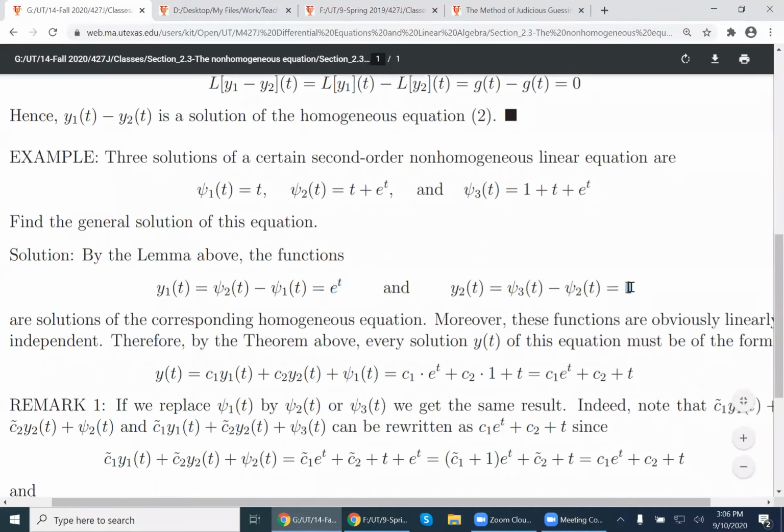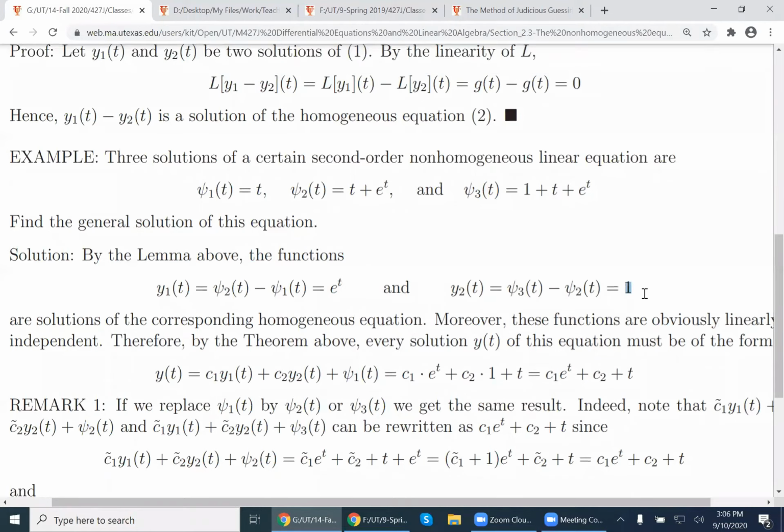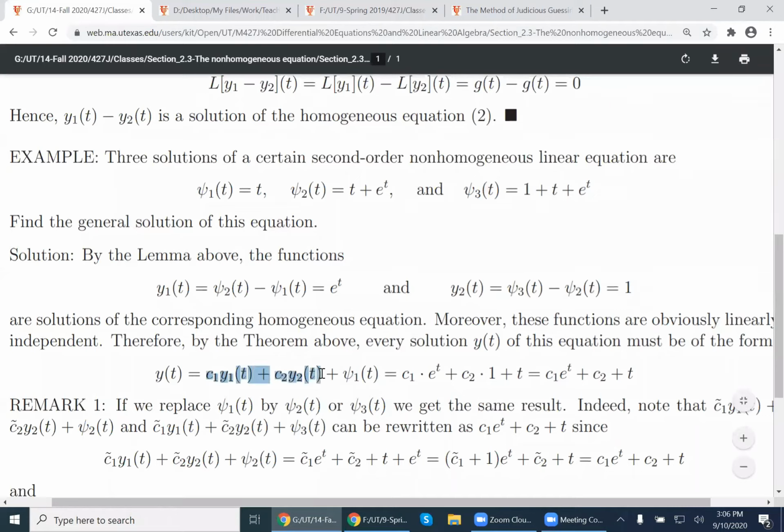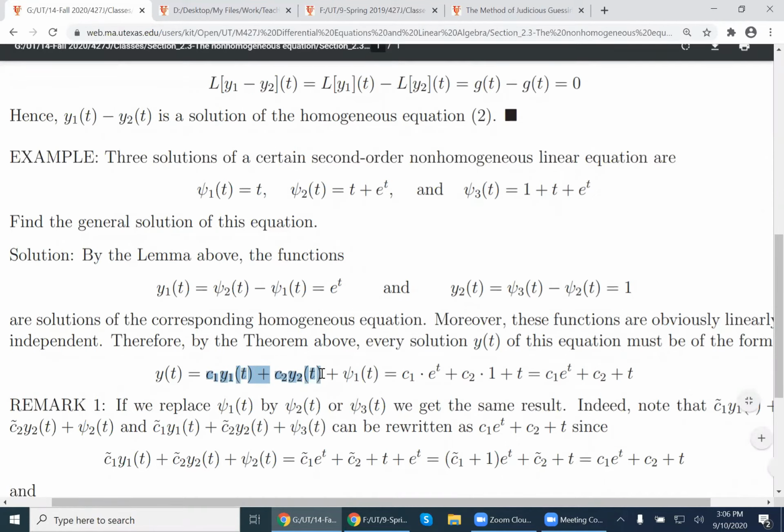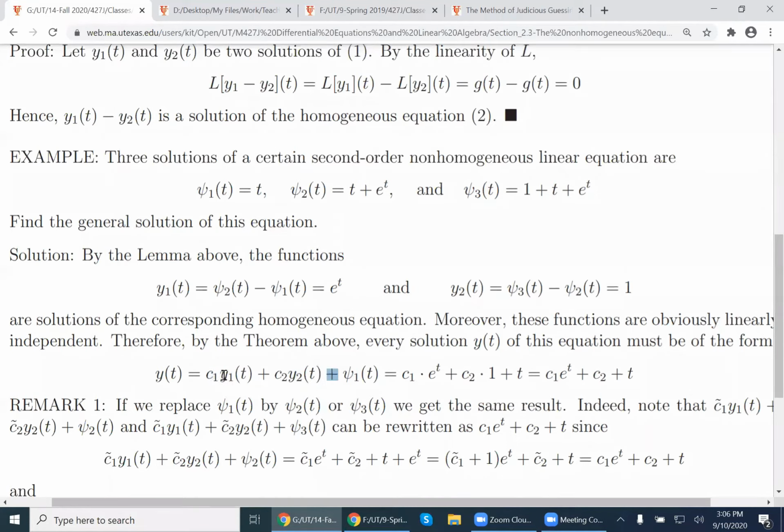Since these 2 functions are, number 1, solutions of the corresponding homogeneous equation, and number 2, linearly independent solutions, this is indeed the general solution. And now we replace y1 by e to t, done.